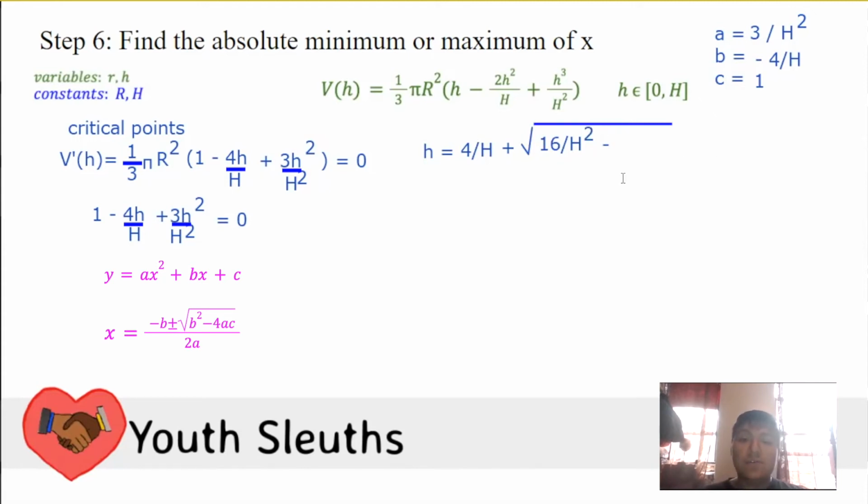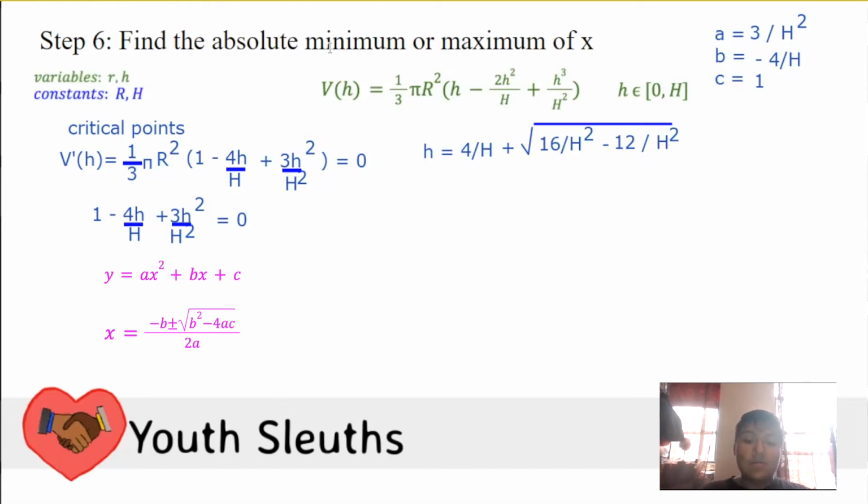So we multiply 4 times a, which is 3 over big H squared. So it's 12 over big H squared. And then times c, which is 1. So that's simply 12 divided by big H squared. So we finished our radical.